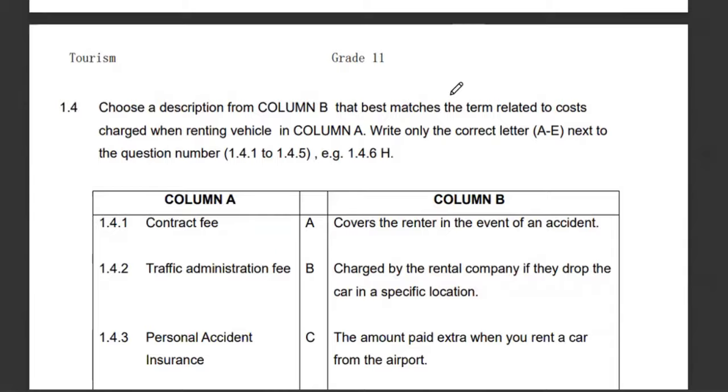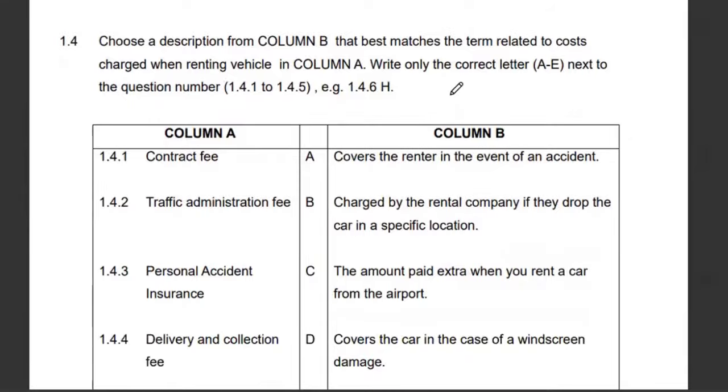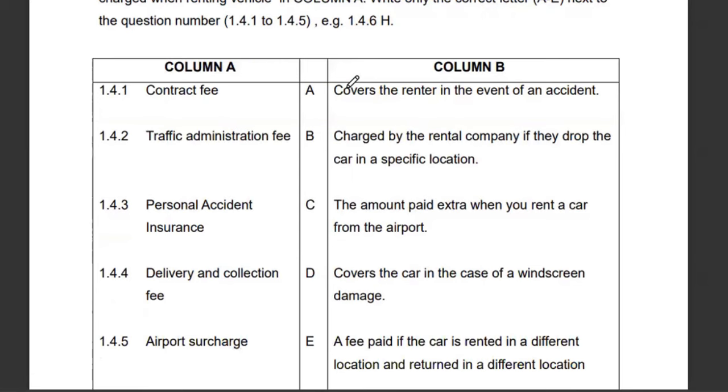1.4, choose a description in column B that matches the term related to cost when renting a vehicle. Write only the letter A to E next to the question number. So the contract fee, what is the contract fee?